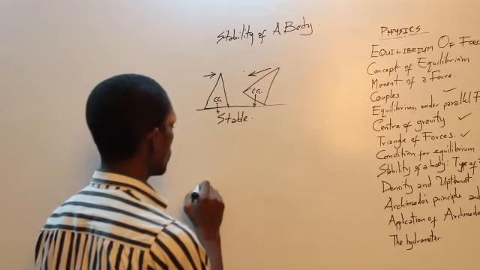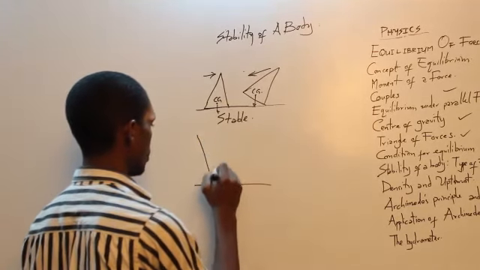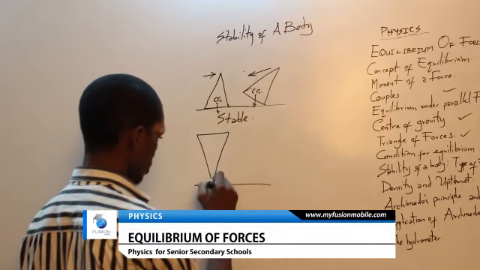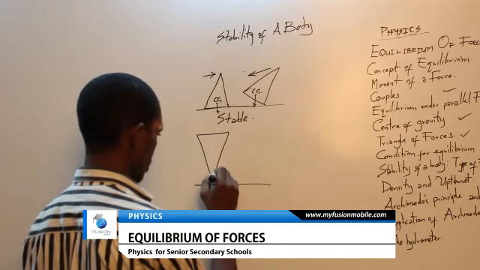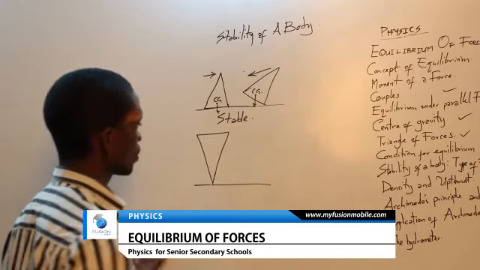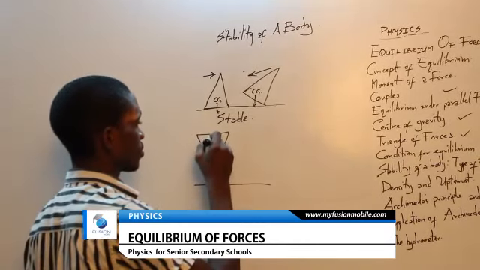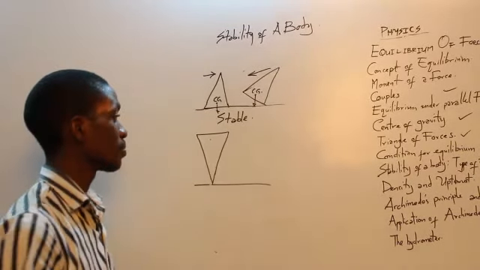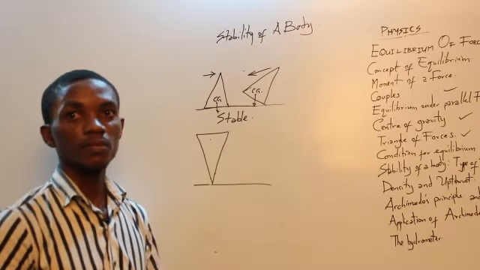An unstable equilibrium is something like this. You find a way to balance the object. Of course, we all know it's possible to balance the object somehow, maybe holding it for a while until it is stable.